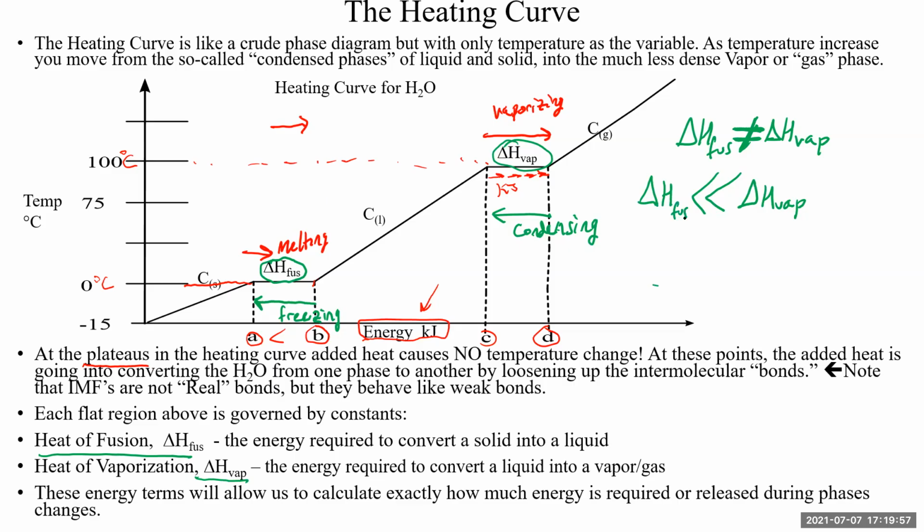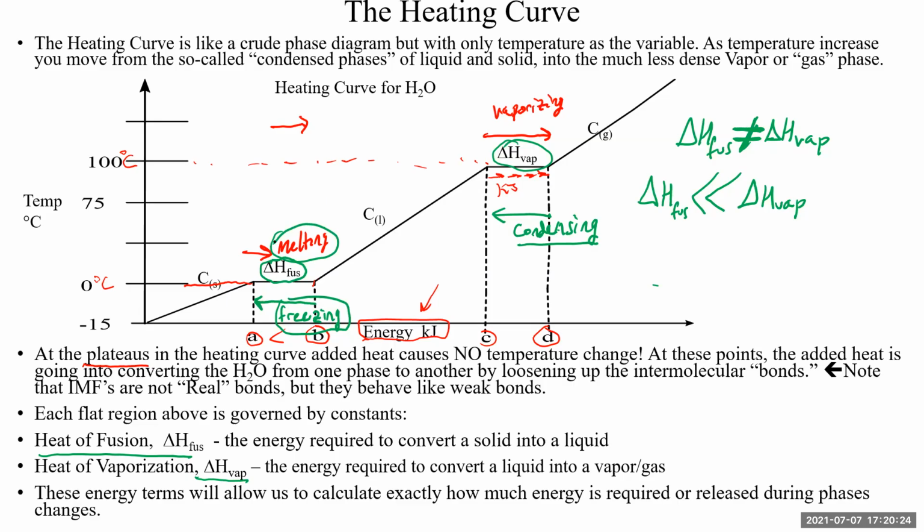The heat of vaporization is often much bigger, because it takes a lot more energy to vaporize something than it does to simply liquefy something, if we're going from left to right. So the energy associated with vaporization, or in the reverse, the energy associated with condensation, is much greater than the energy associated with freezing or melting.